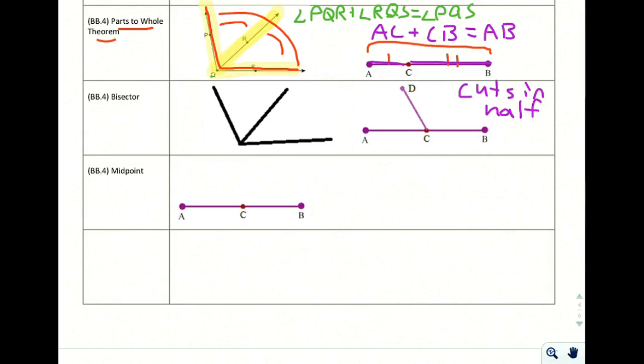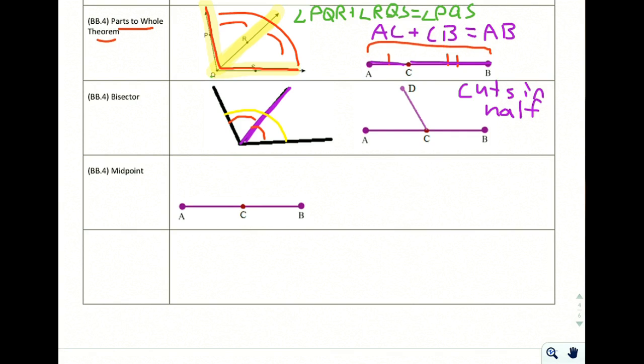So if you had an angle bisector, let's say this right here is an angle bisector, it would cut this larger angle into two equal parts. So we would have this angle here, and we would have this angle here, and they would be equal in measure to each other. So a bisector would cut that angle directly in half.